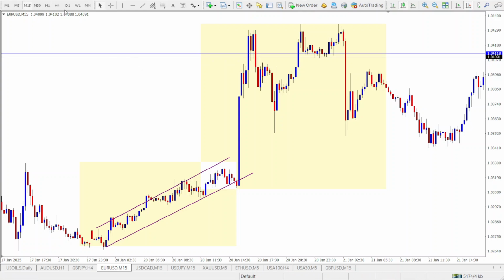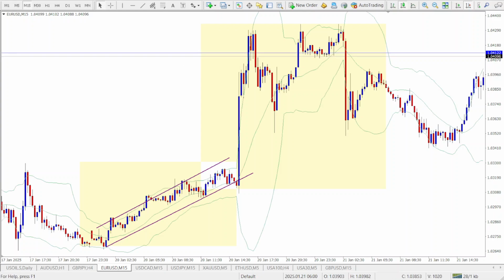And the first is the Bollinger Bands. We're going to be using the Bollinger Bands. So here we have the Bollinger Bands indicator. Okay.